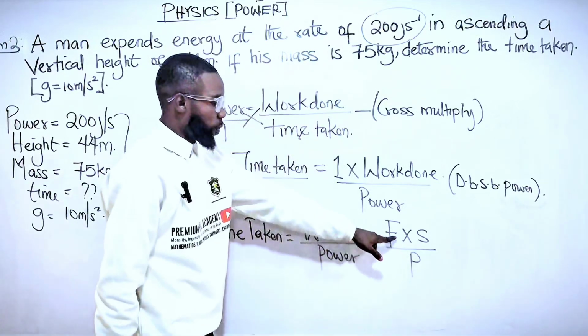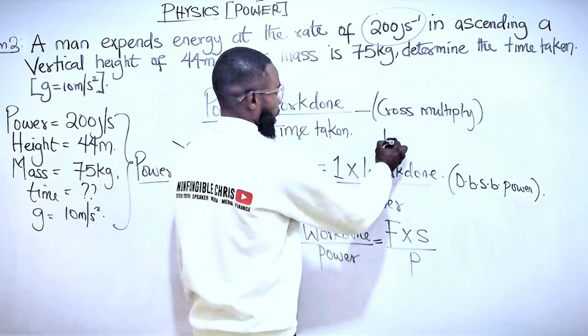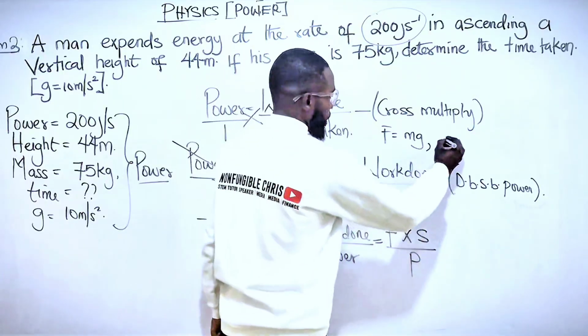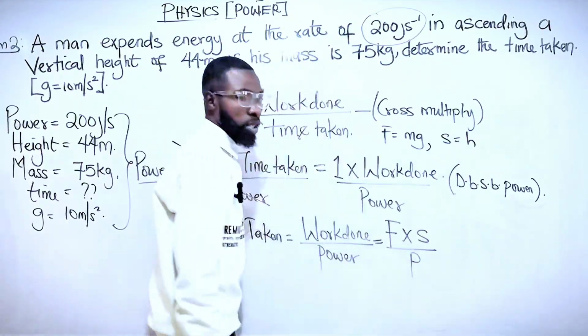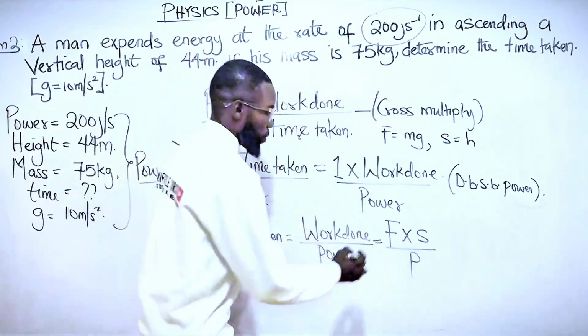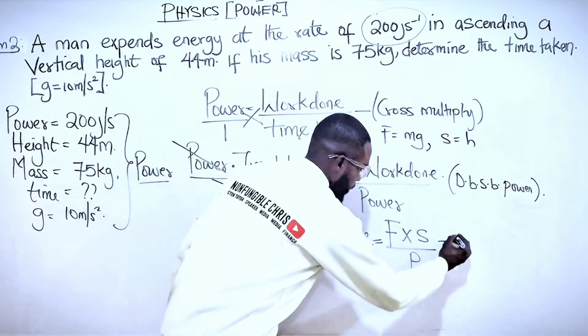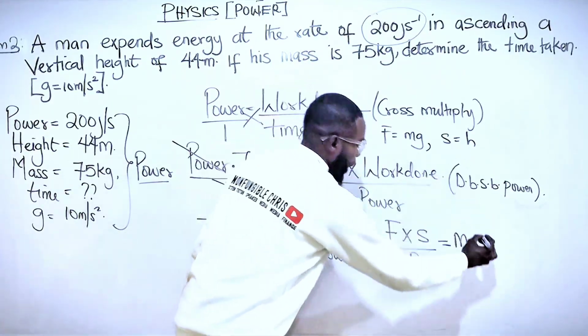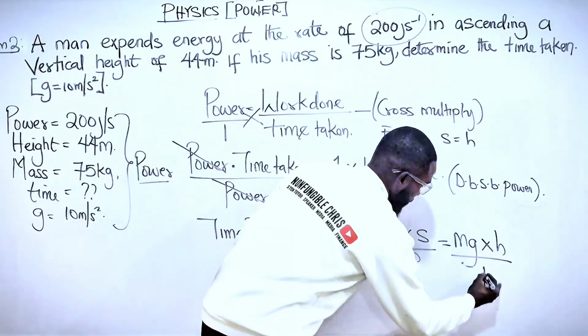And we can change the force to mg, because we know that F is equal to mg. And our distance, since it's at a height, is equal to h. So we can substitute that. Instead of F we say mg, times, instead of distance, our height, over the power.